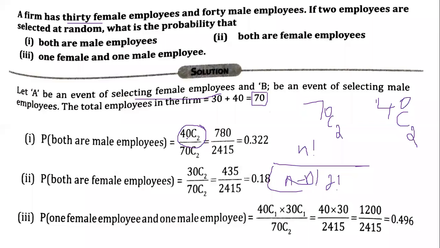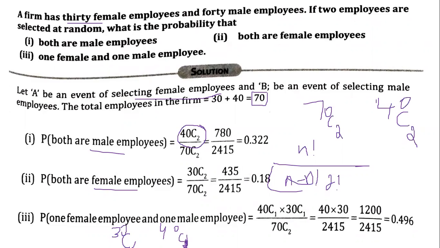Okay, now going to the next question, wherein we have one female and one male employee. Until now, we were considering two male in the first question and two female in the second question. Now it is one and one. From the 30 female, one is coming, and from the 40 male, one is coming.